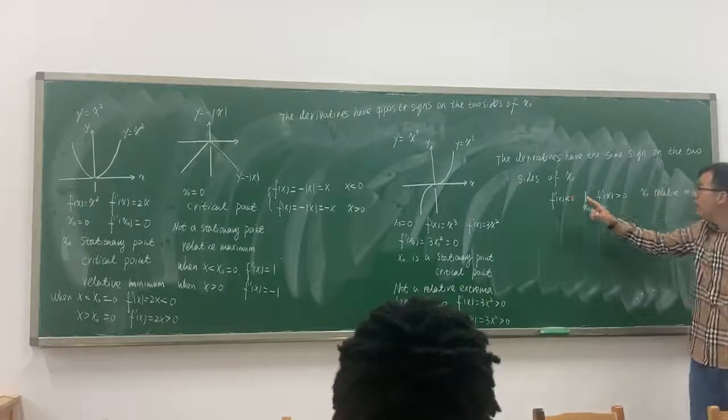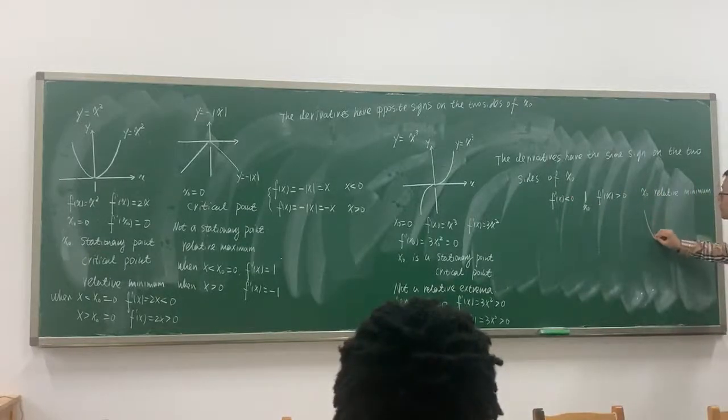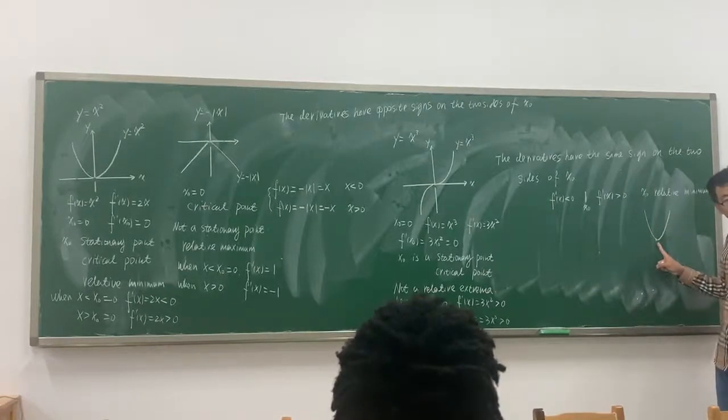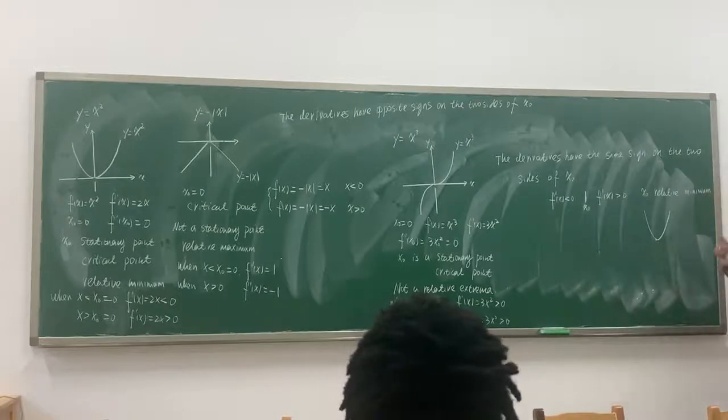So the left is decreasing and the right is increasing, so the point is a relative minimum.